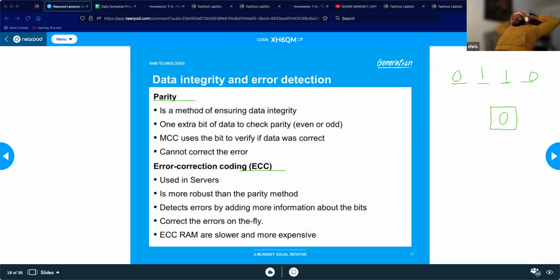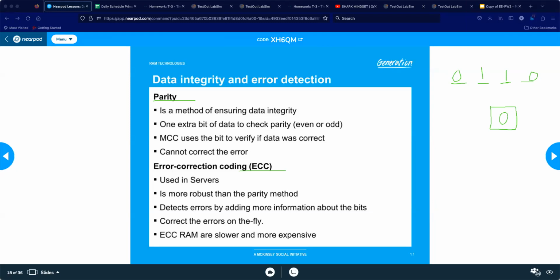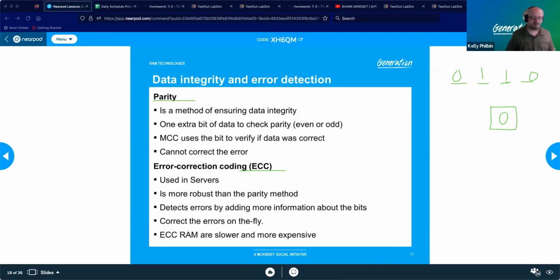Because you said it's supposed to be even, and a 0 there would make it odd. That is a perfect explanation. So we know that it's supposed to be even. The numbers we had were 0, 0, 1, which was an odd number. We knew that missing bit had to be a 1. So ECC can do this on the fly. This is a specific type of RAM. Does this make sense?